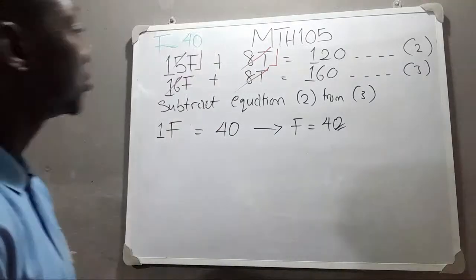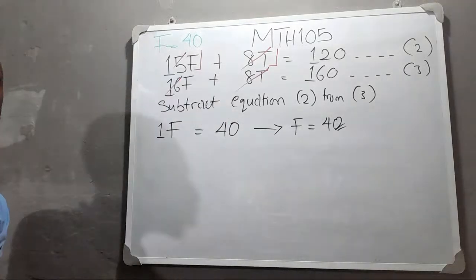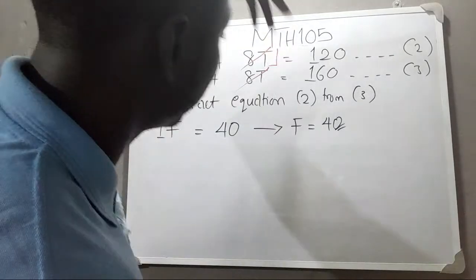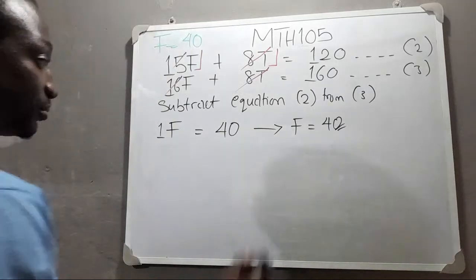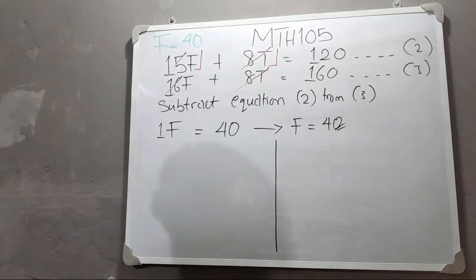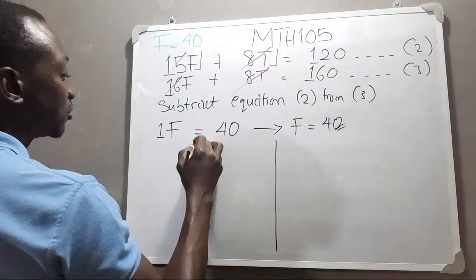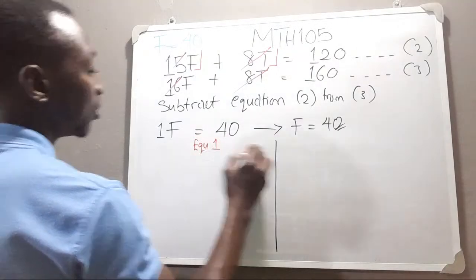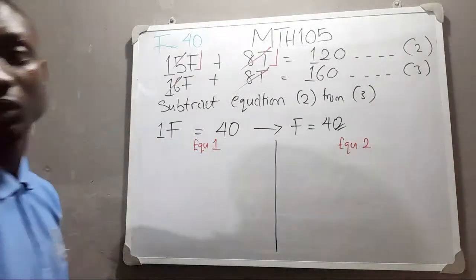Now that I've gotten f, to get t, just like what we did the other time, we have to substitute our answer for f into any of the equations. So let's try that and see. In equation 1 and equation 2.